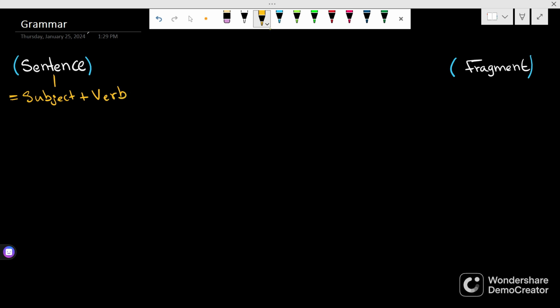A sentence expresses a complete meaning, while a fragment is a group of words that looks like a sentence, but it only contains either a subject or a verb.